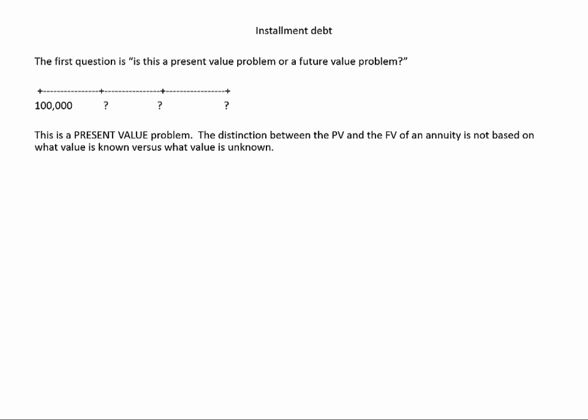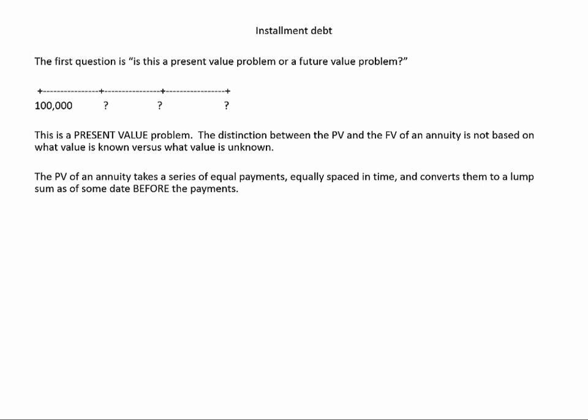The distinction between a present value problem and a future value problem for an annuity is not based on which ones are known versus which ones are unknown. Basically, the present value of an annuity takes a series of equal payments equally spaced in time, as represented by the question marks up above, and converts them to a lump sum as of some date before the payments.